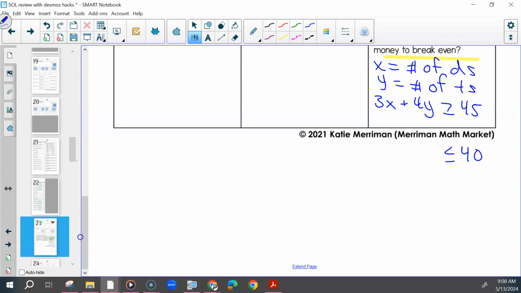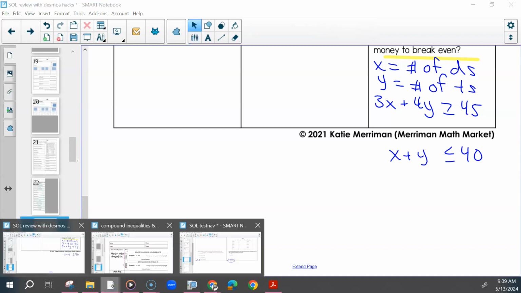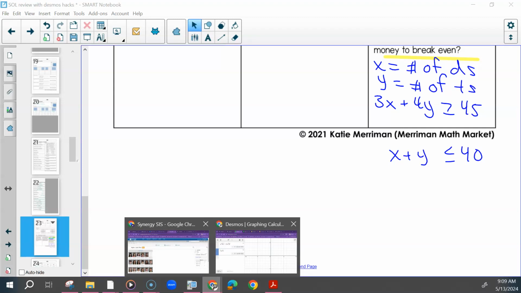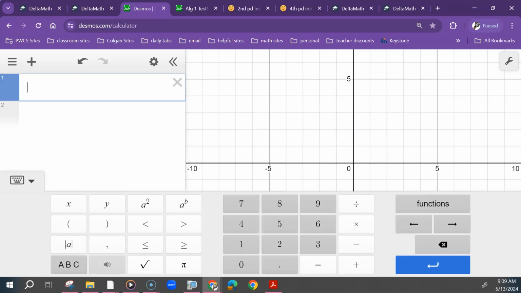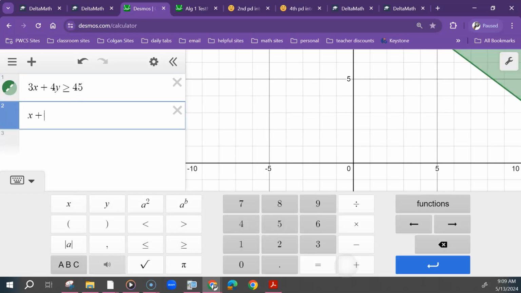X plus Y. So then at this point, you have your two inequalities, and you would just graph that into Desmos. We have 3x plus 4y is greater than or equal to 45, and x plus y is less than or equal to 40.